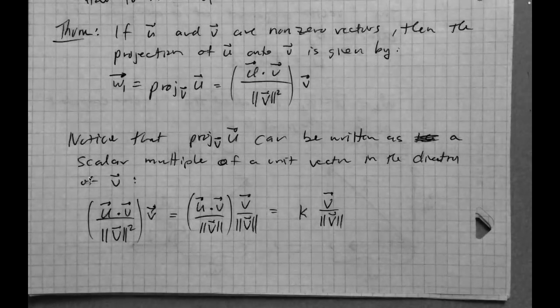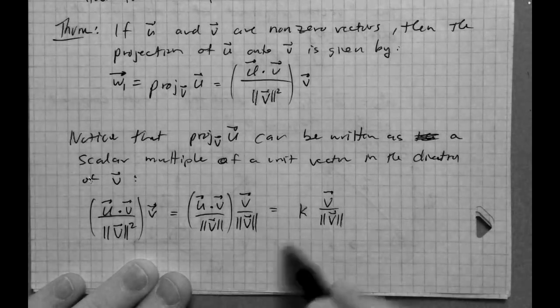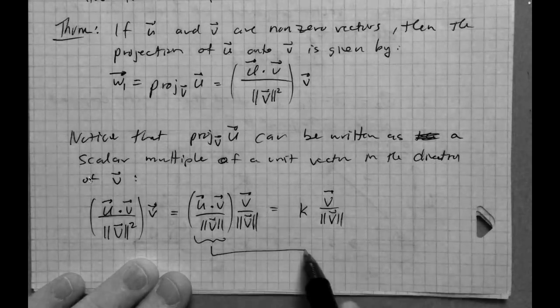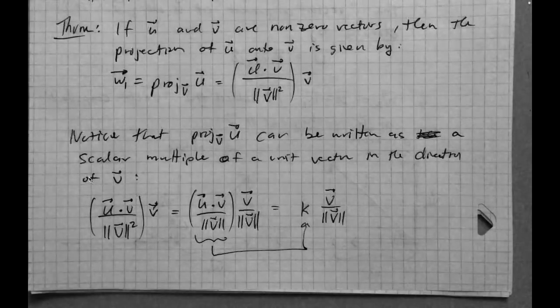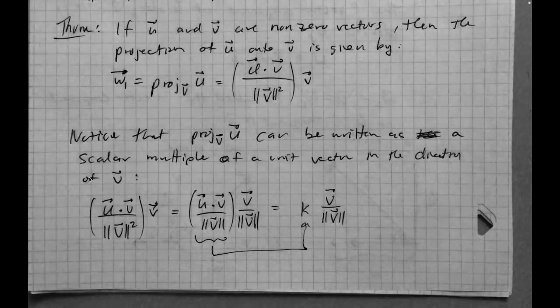And so that's equal to K times V over the norm of V. Right, so that's kind of what we were just describing, right? So here's this constant K times this unit vector in the direction of V. All right.